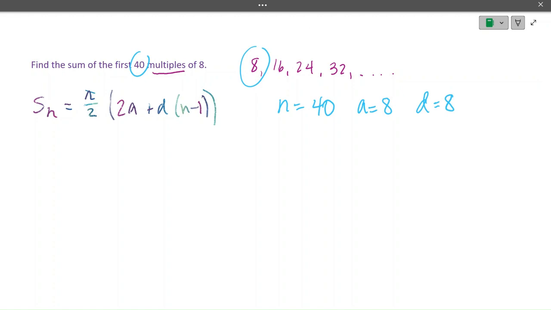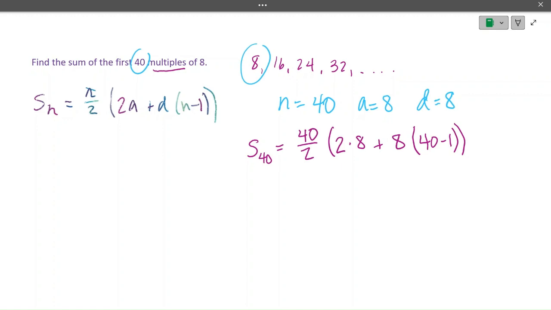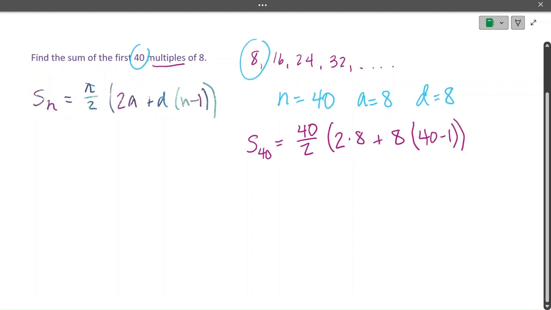All right, so let's go ahead and do the summation. I'm looking for the series of 40 terms. So I'm saying 40 divided by 2 times my first term plus my common difference times 40 minus 1. Now, if I were doing this on my own, I'm writing all of these things out because I'm doing a tutorial. I would go ahead and just say 39 instead of 40 minus 1.